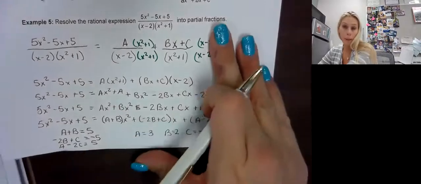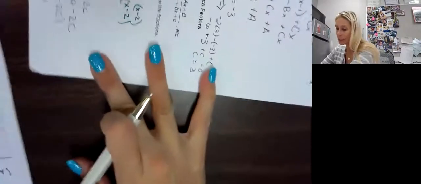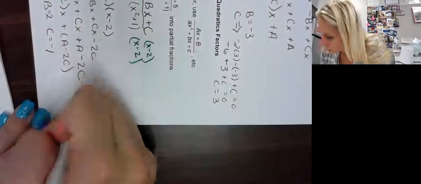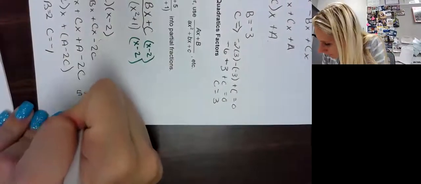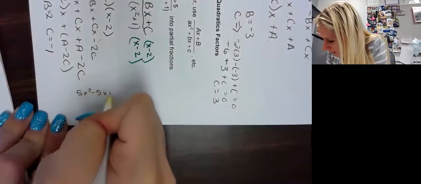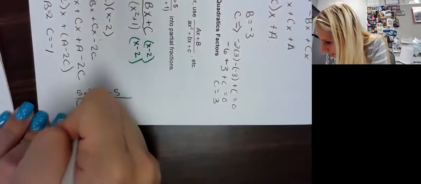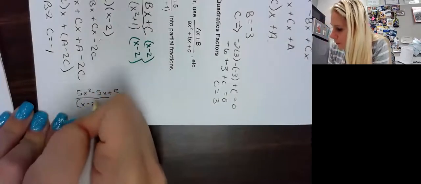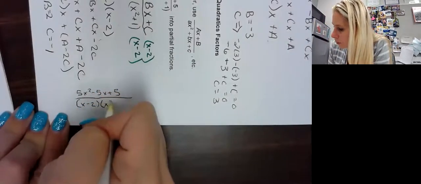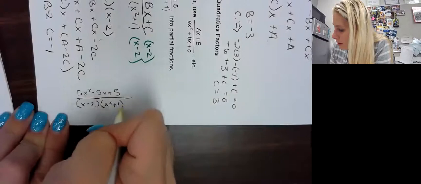I'm going to turn my paper again just so I can show you how that answer looks. So we get 5x squared minus 5x plus 5 all over our x minus 2 times x squared plus 1.